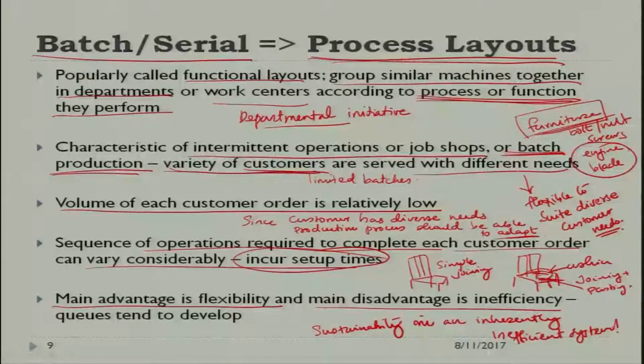Hence, it should be clear that you will still be able to achieve some level of sustainability, but you might not be able to achieve a very high level of sustainability as expected, because the process is inherently not very efficient.